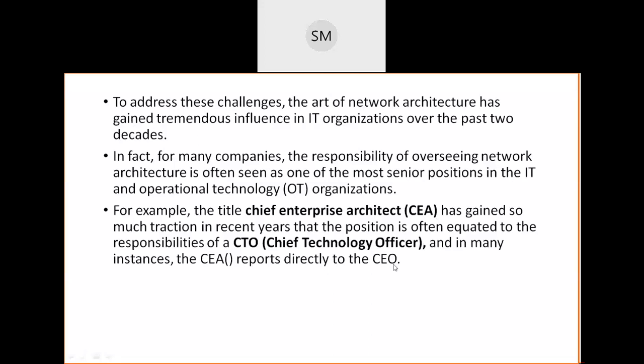He will directly report to the CEO and directly communicate with the CEO. That much higher position it is, CEA. Here the responsibilities of CEA are equivalent to CTO, and many times CEA reports directly to the CEO. So the CEO's next position will be CEA, that is Chief Enterprise Architect.